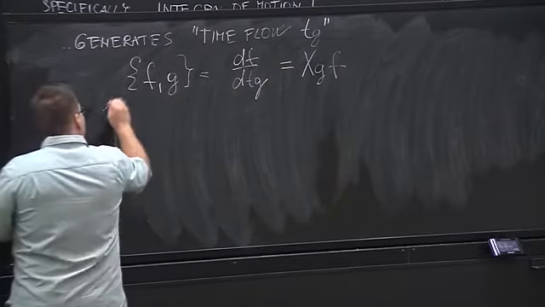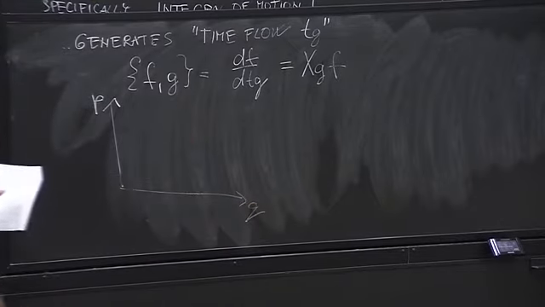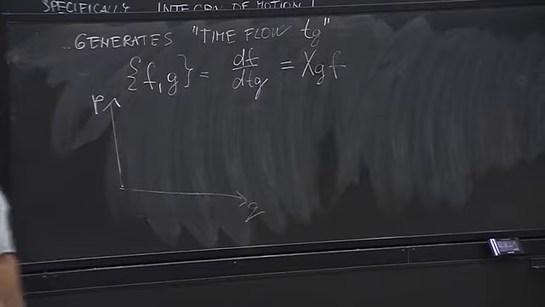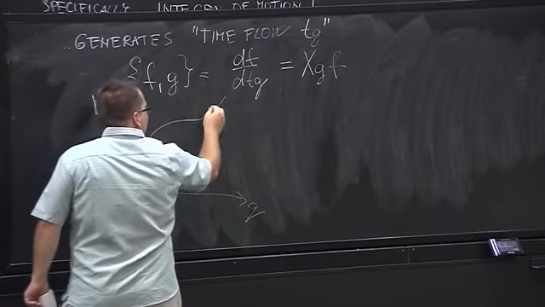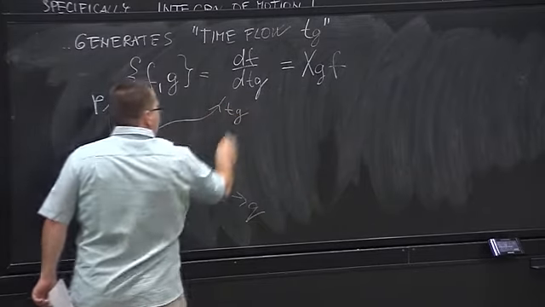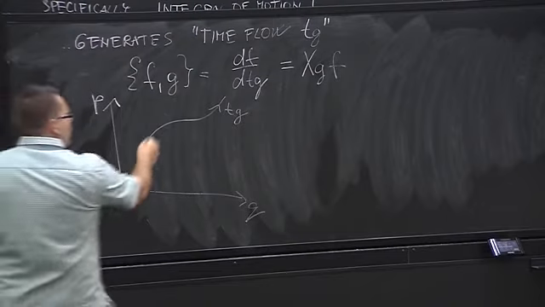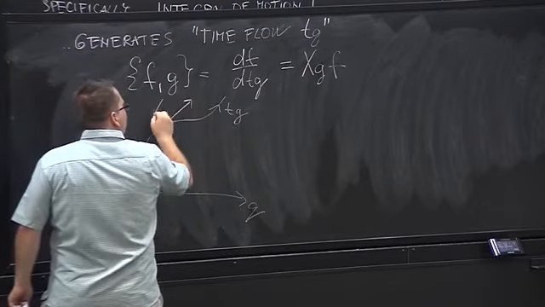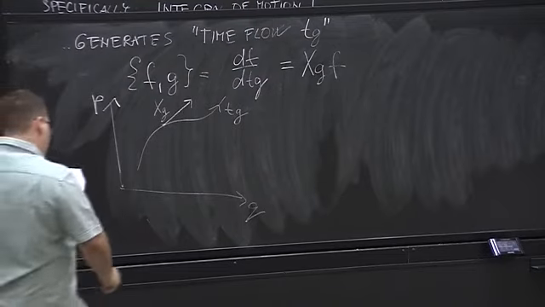What I mean by this is I have P and Q. Now I have some function G, and this generates time evolution. There's my t_G here, and at every point there's a tangent vector, which you will call X_G.